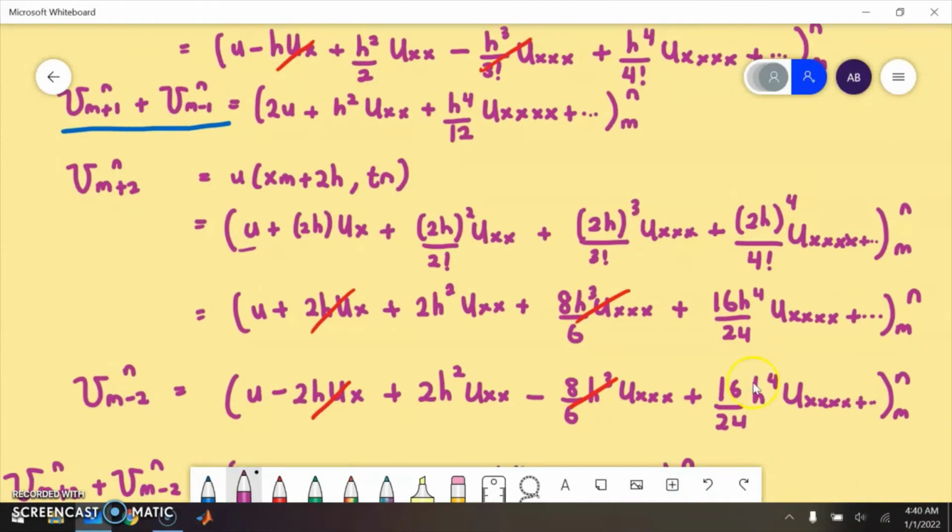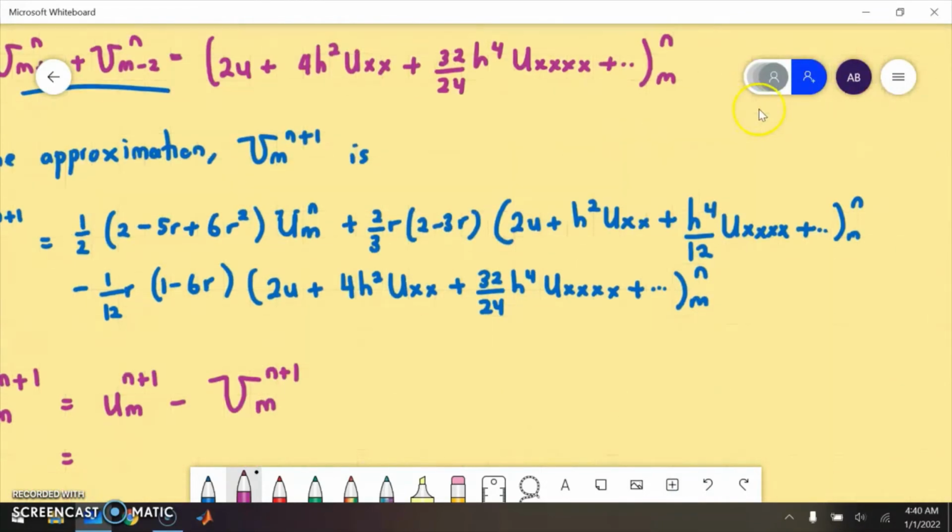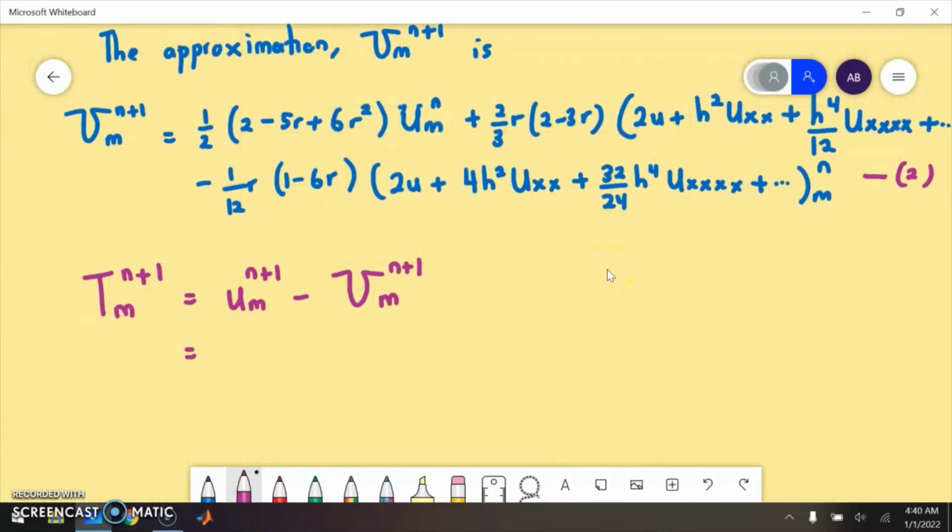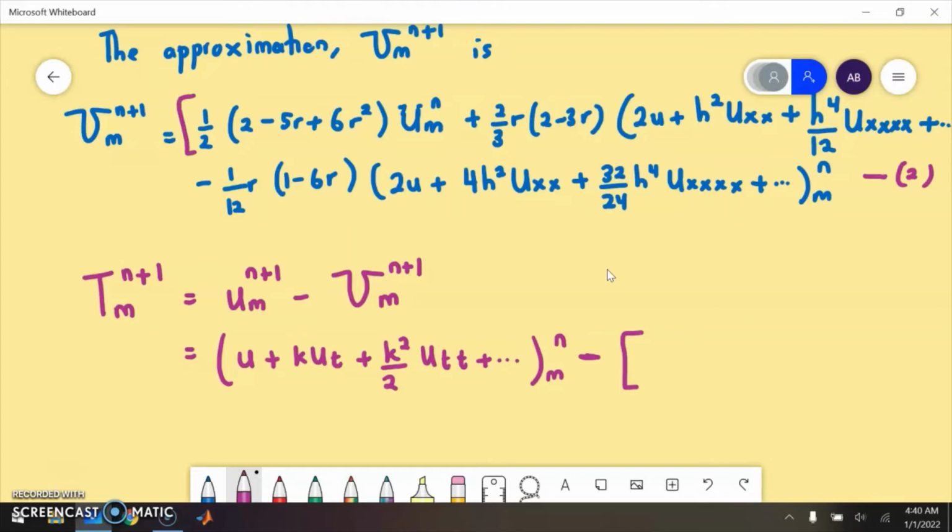And then we have equation 2 here, which is the approximation. So let's subtract. I have u plus k u_t plus k squared over 2 factorial u_tt, and whatever the next term is, at m, n, minus this whole thing.